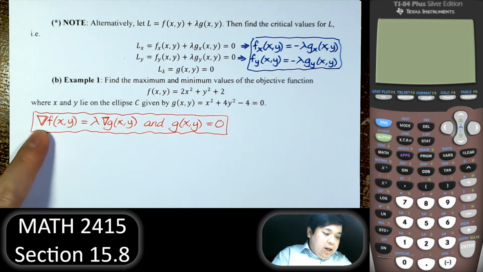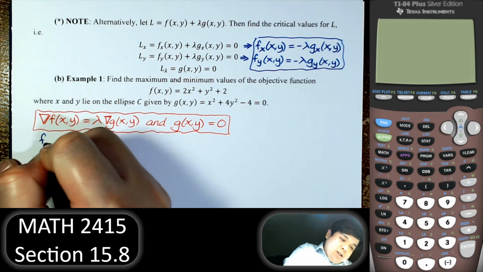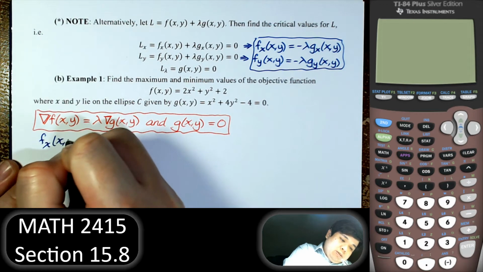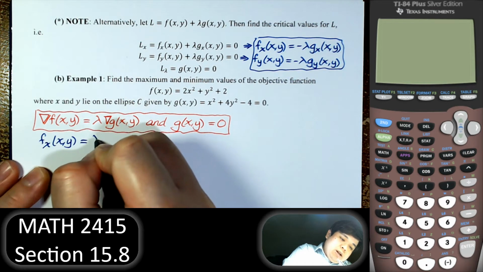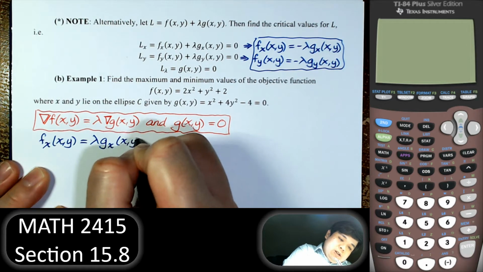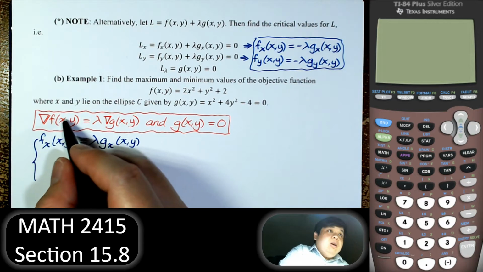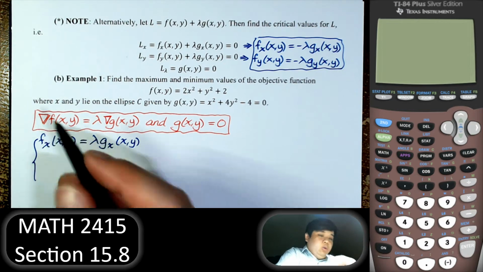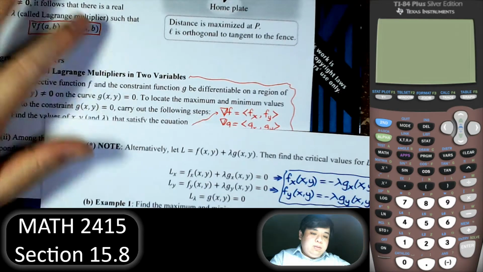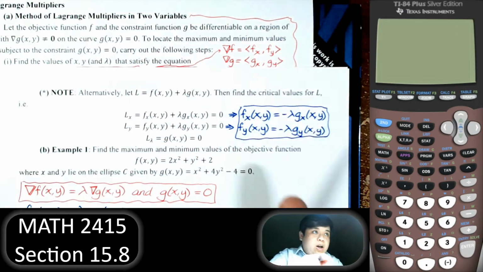Now, the gradient is the partial derivative with respect to x, so we have f of x of xy equal to lambda g of x of xy, and the gradient has the partial derivative with respect to y.